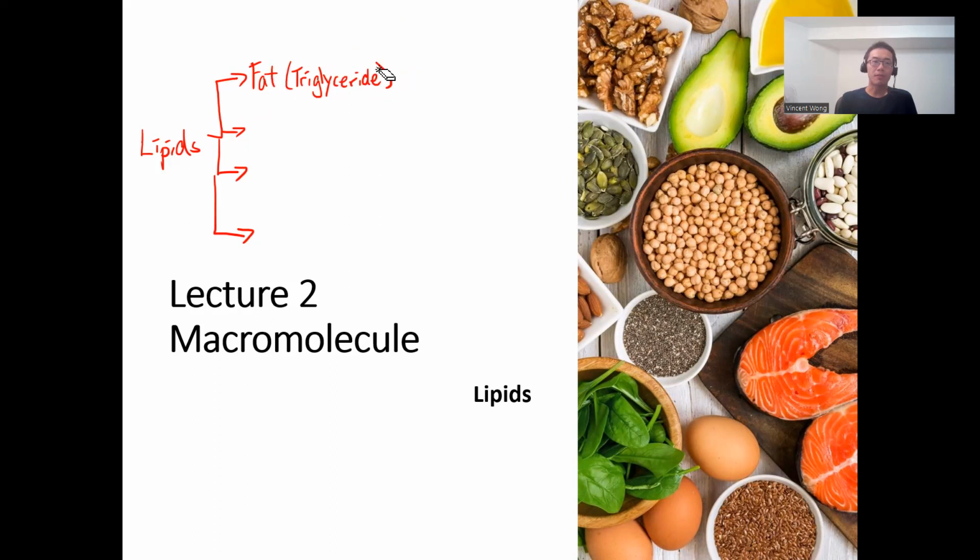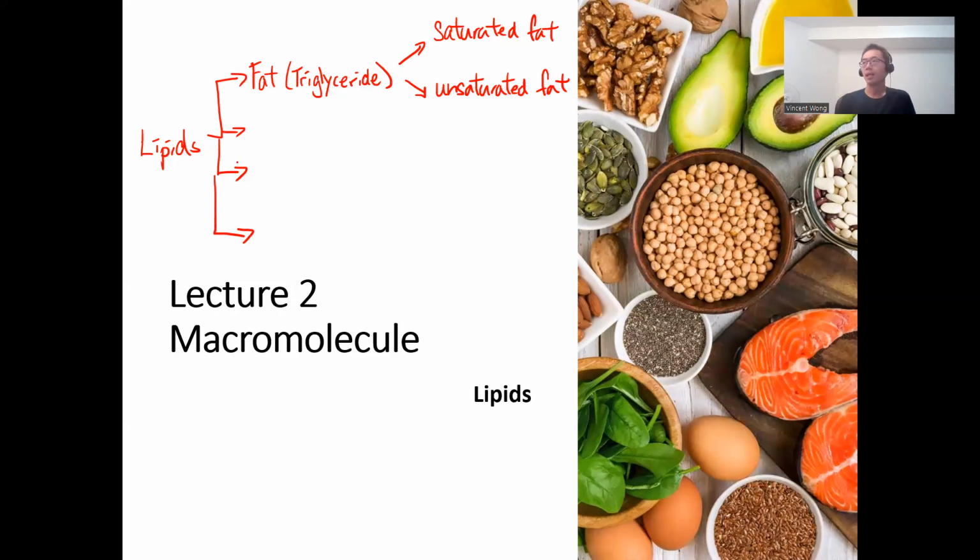Now, there are 2 types of fat molecule, 2 types of triglyceride. The first one is saturated fat, and then the other is unsaturated fat. You don't have to know what it means right now. I'll explain. I'm just showing you the different categories, so as we go through them, you know where we are at.